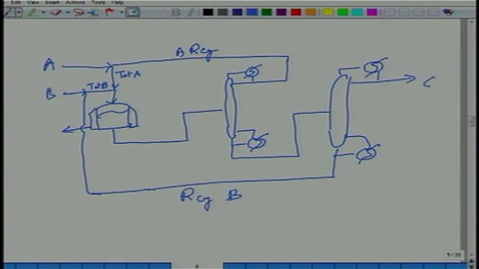Again, I want to produce, let us say, 99% pure C or 99.9% pure C. So if you start drawing valves, there is fresh A, there is fresh B, there is also the cooling duty in the reactor, there is this chap, there is this chap, there are all these chaps which hopefully by now you are familiar with.